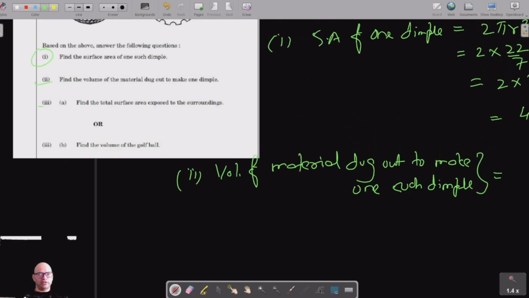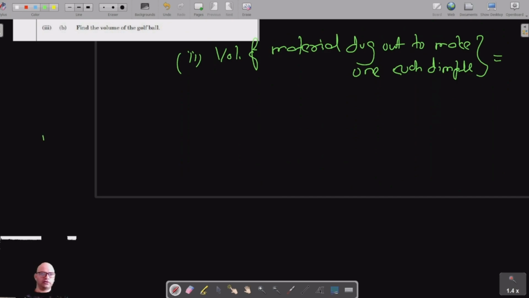Okay, so next one, the third, we have to find the total surface area exposed to the surroundings.